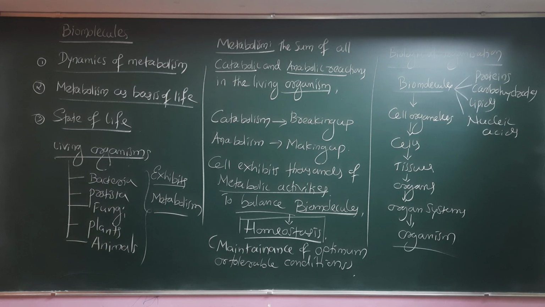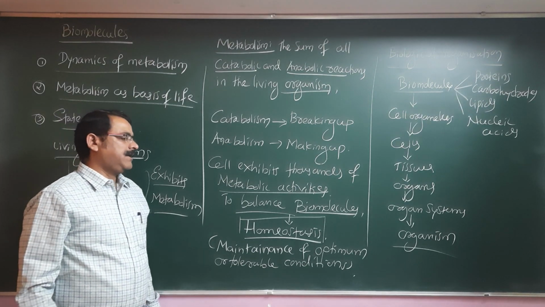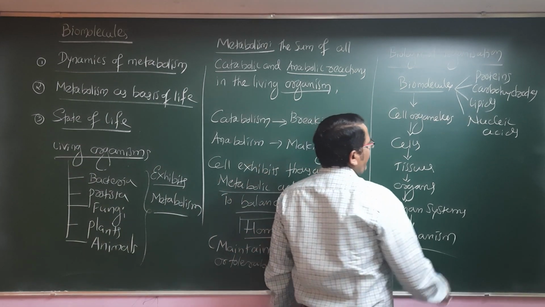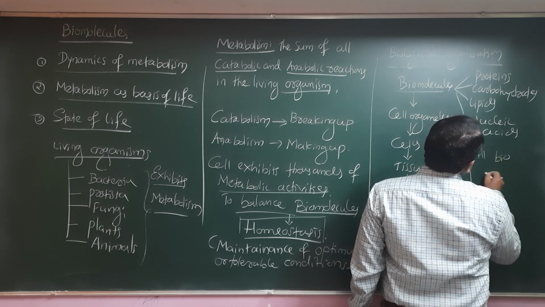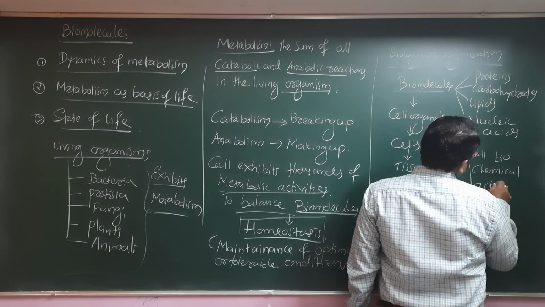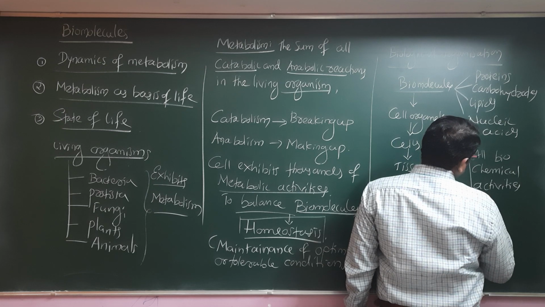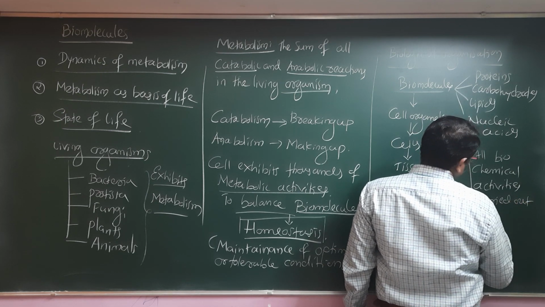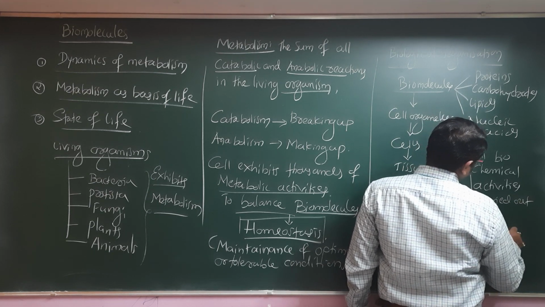And why does homeostasis happen? Homeostasis occurs mainly to maintain the optimum condition. All biochemical activities are regulated or carried out by the most important molecules, enzymes.